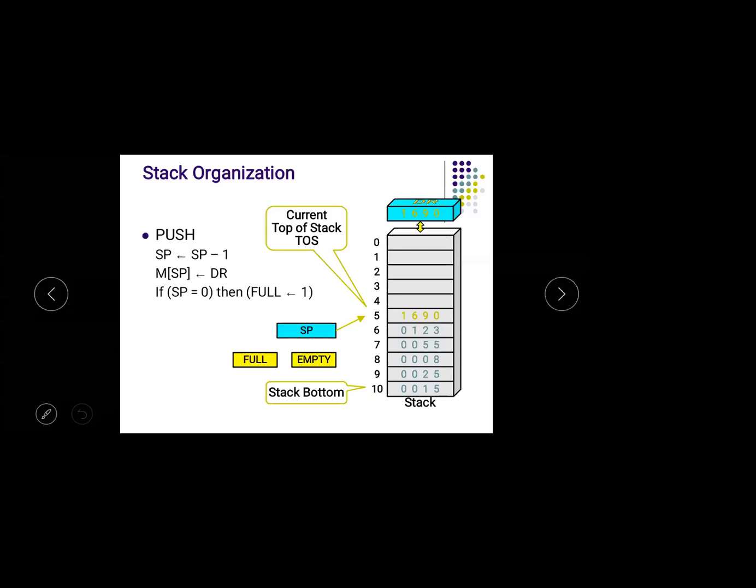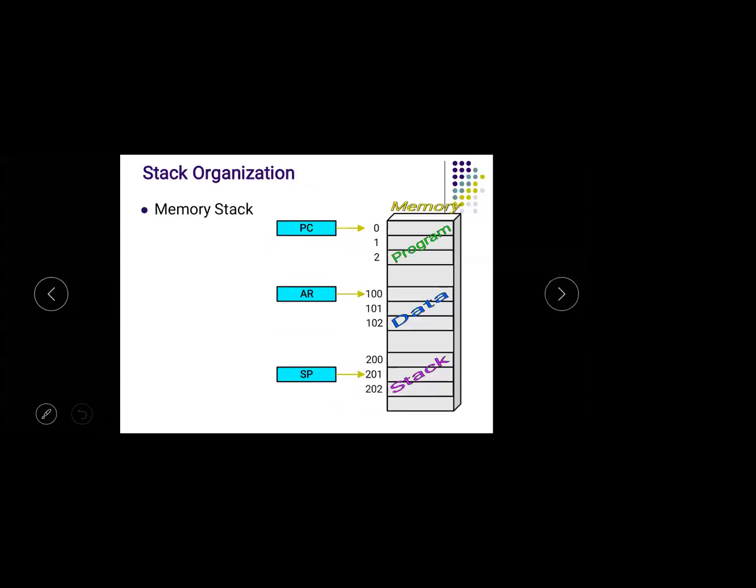If SP reaches 0, then the stack is full, so full is set to 1, otherwise empty is set to 0. Similarly, in the pop operation, the data is removed first from the stack and the stack pointer is incremented by 1. If SP reaches 10, 11, then the stack is empty; otherwise full is set to 0.